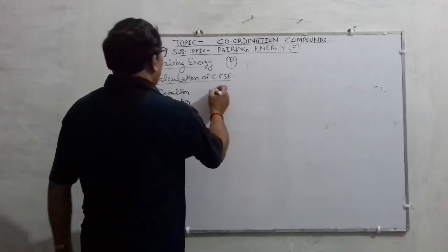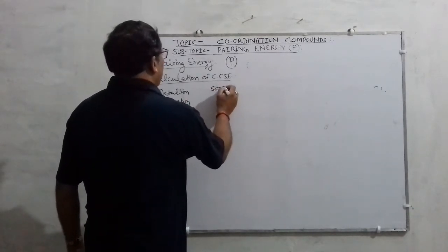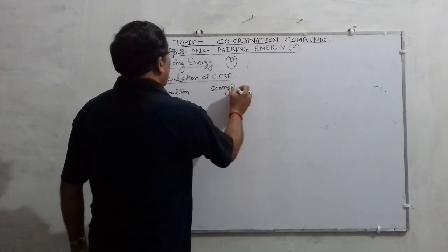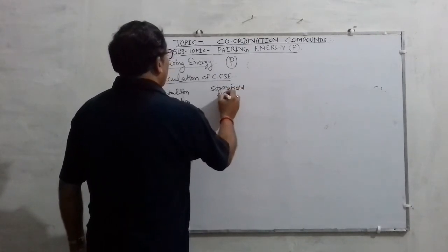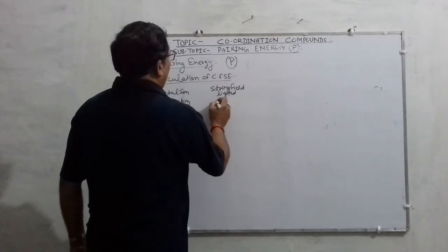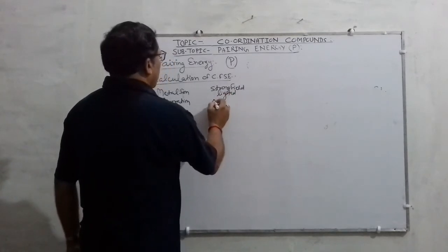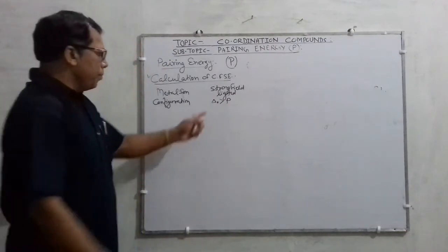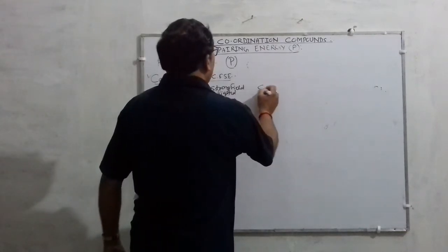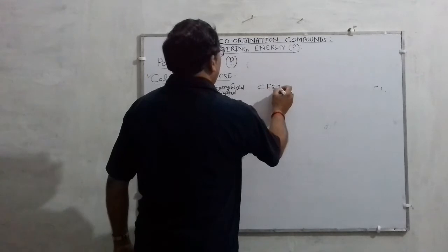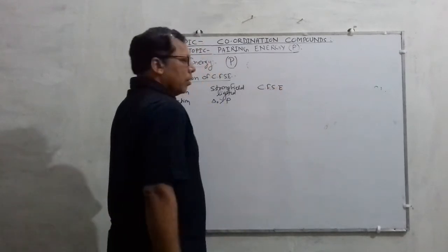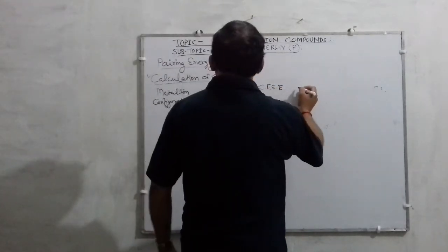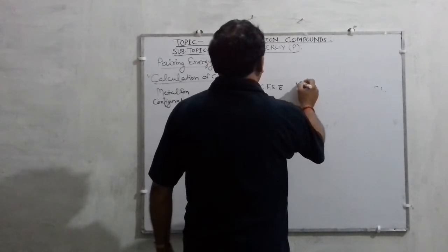The second column will be strong field ligand. And for strong field, the value of Δ0 is greater than P. Okay. The next point will be crystal field splitting energy. And the next column will be weak field ligand.